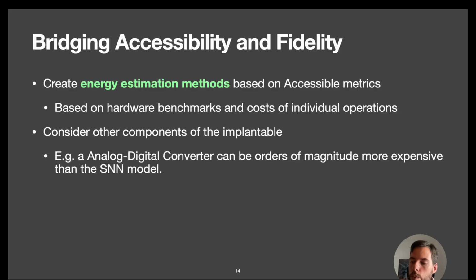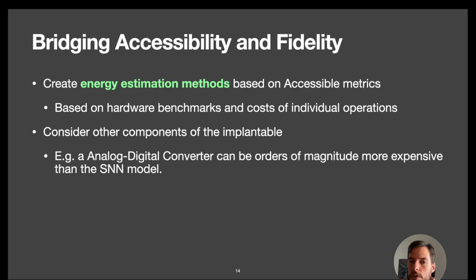Basically, we can ask the hardware developer to give some benchmark numbers on how expensive a synaptic operation is, how expensive a memory access is, and create mathematical models that combine the accessible metrics with these benchmarks and with the individual costs of each operation.